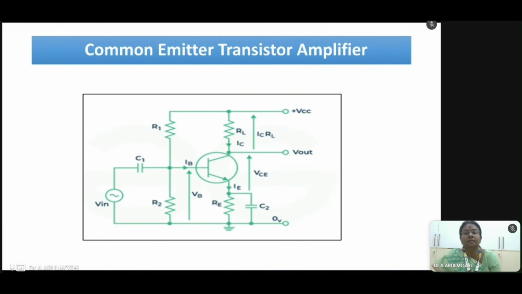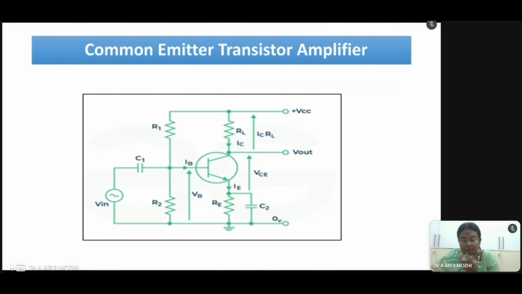Next, we will see the common emitter transistor as an amplifier. For any small signal being amplified, we want to maximize the input signal amplification while minimizing the distortion to the output signal.